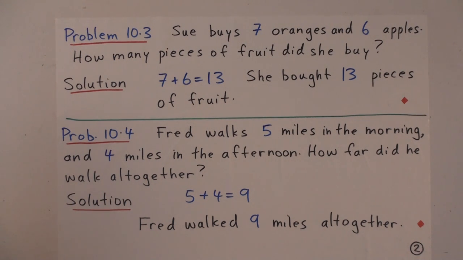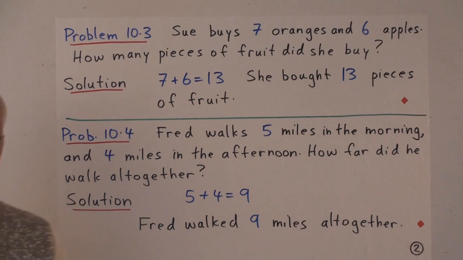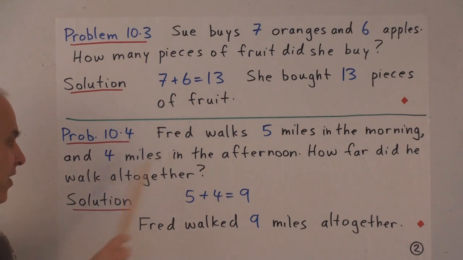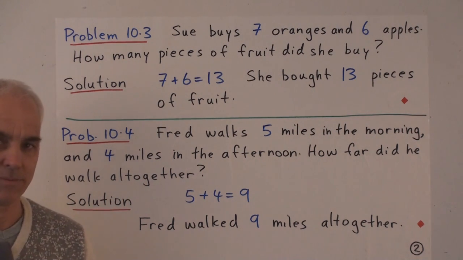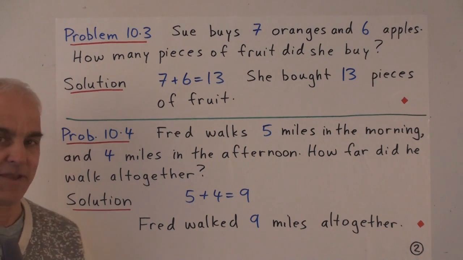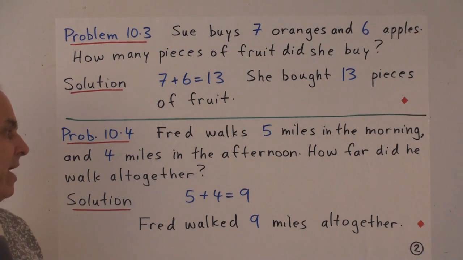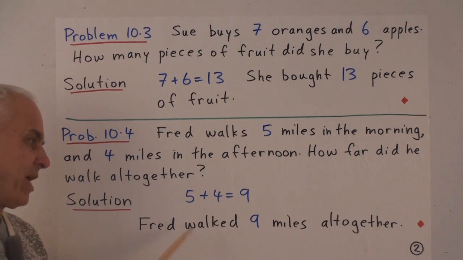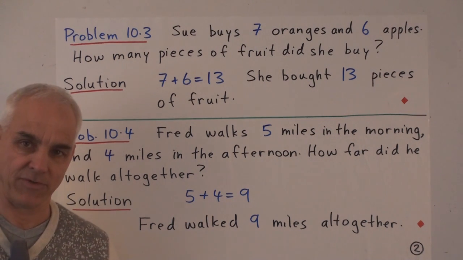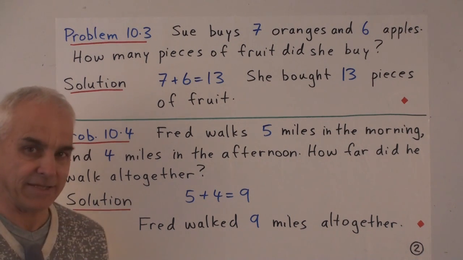Our fourth problem. Fred walks 5 miles in the morning and 4 miles in the afternoon. How far did he walk altogether? Well, we have to add the number of miles he walked in the morning to the number of miles he walked in the afternoon. So it's 5 plus 4. Now in this case, of course, it's easy.